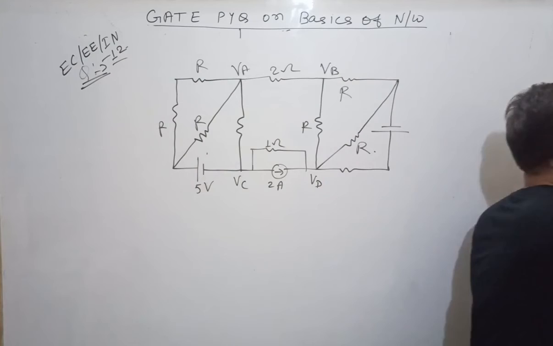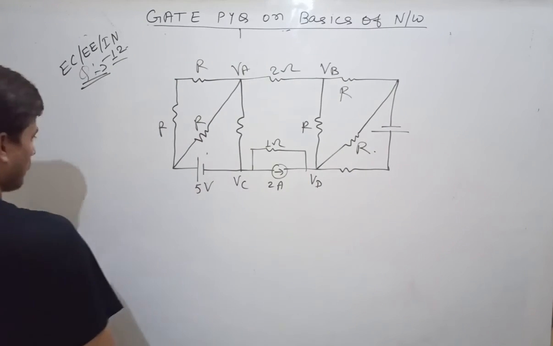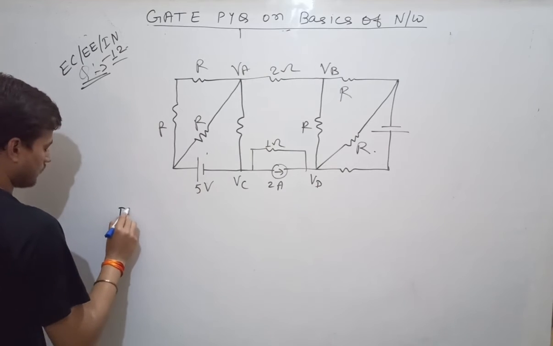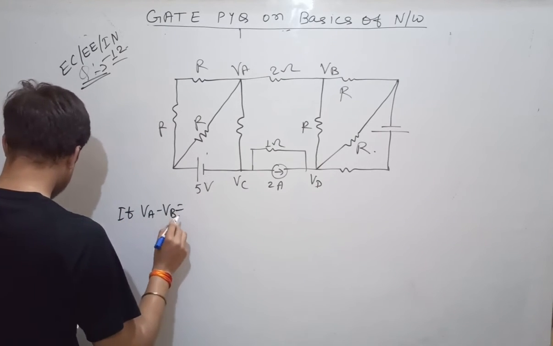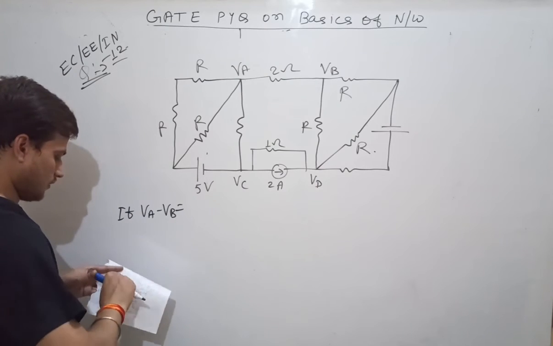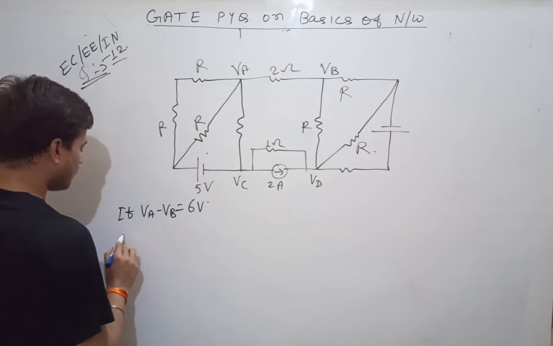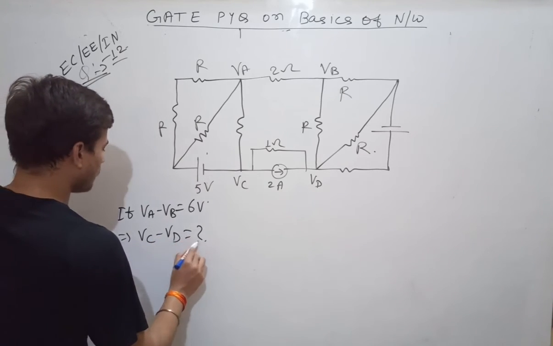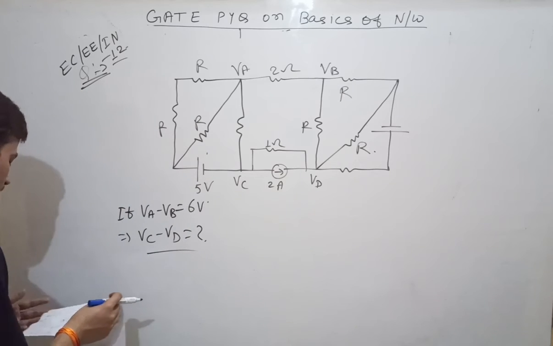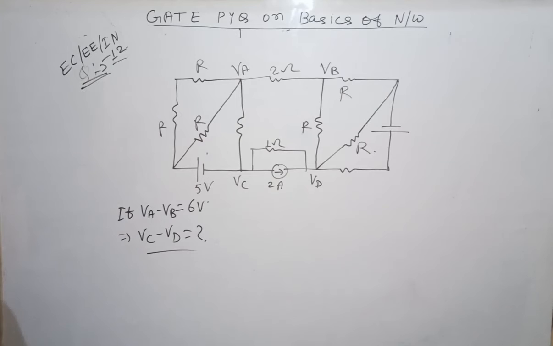They are saying, if VA minus VB is 6 volt, then VC minus VD equal to what? Clear? So let us see how to solve this question.